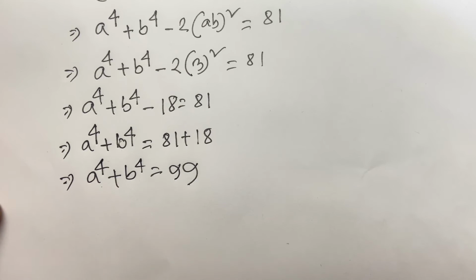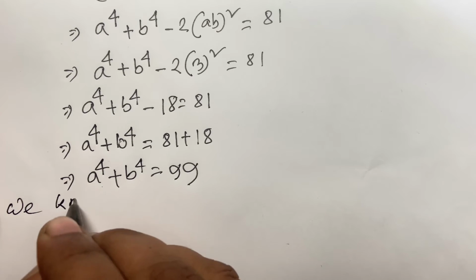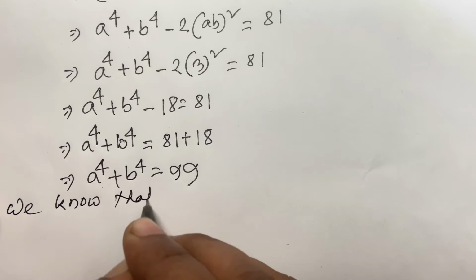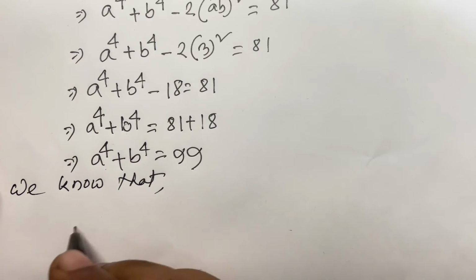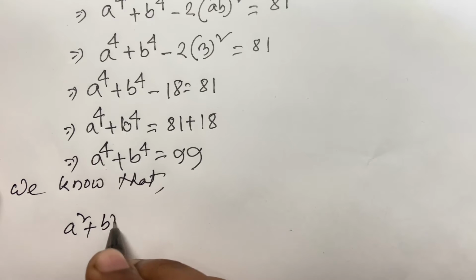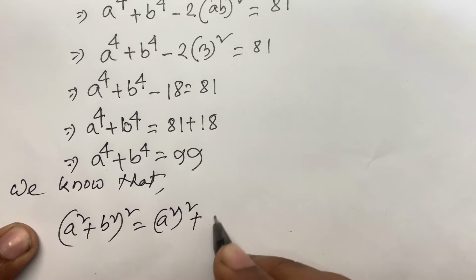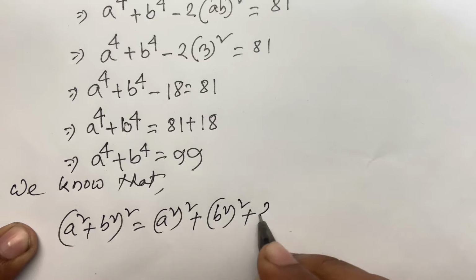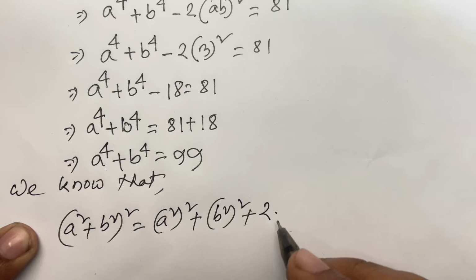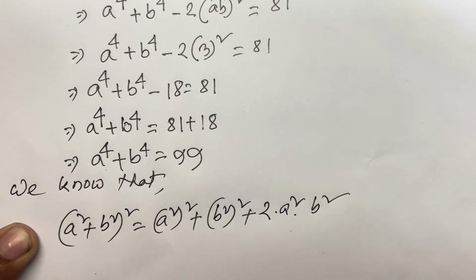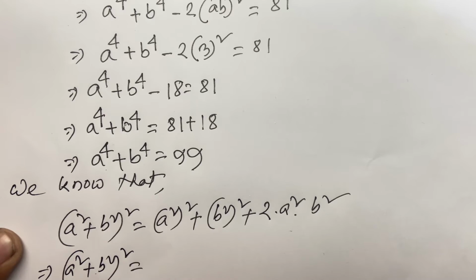Now we know that (a square plus b square) whole square equals a square plus b square plus 2ab. So a is equal to a square and b equal to b square. Now I can see easily (a square plus b square) whole square equals a to the power 4 plus b to the power 4 plus 2 into (ab) whole square.